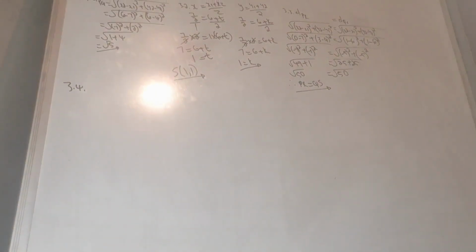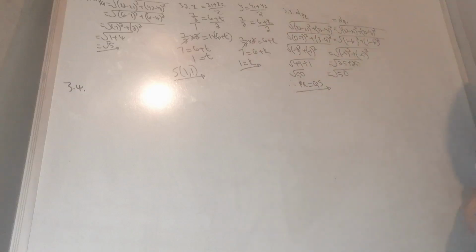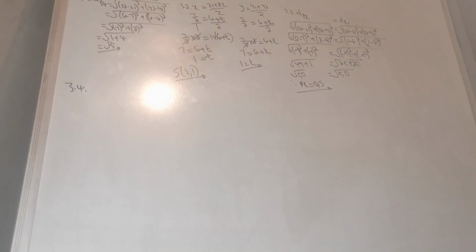What type of a quadrilateral is PQRS, where PR equals QS? Is it a rectangle? Diagonals bisect one another, okay, this is true.